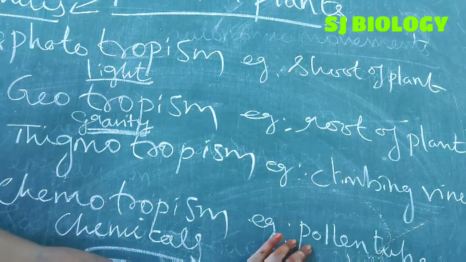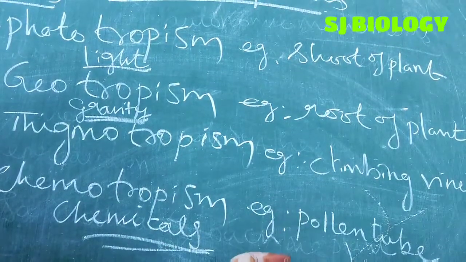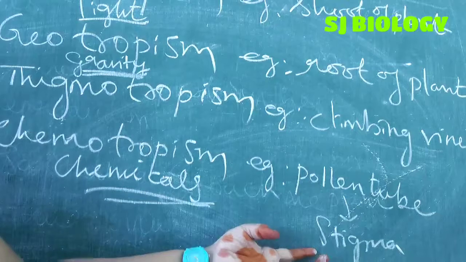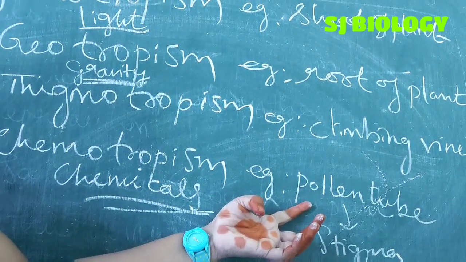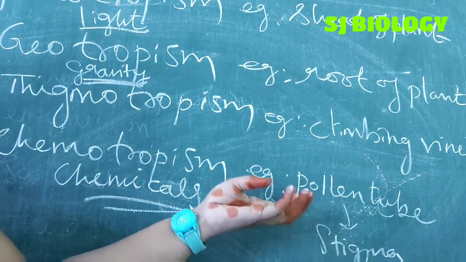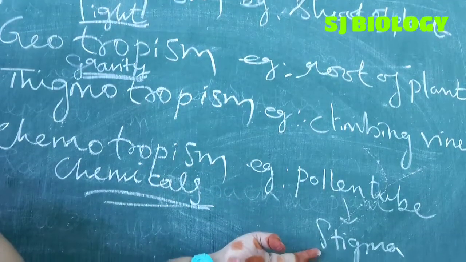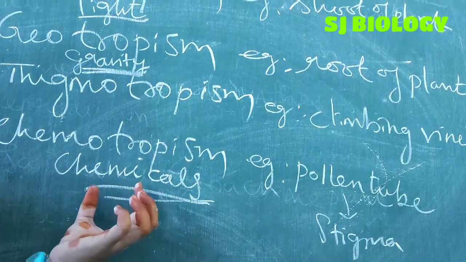The pollen tube: the growth of the pollen tube in response to sugar present on the stigma, which is the female part of the plant. So these are examples of chemotropism.